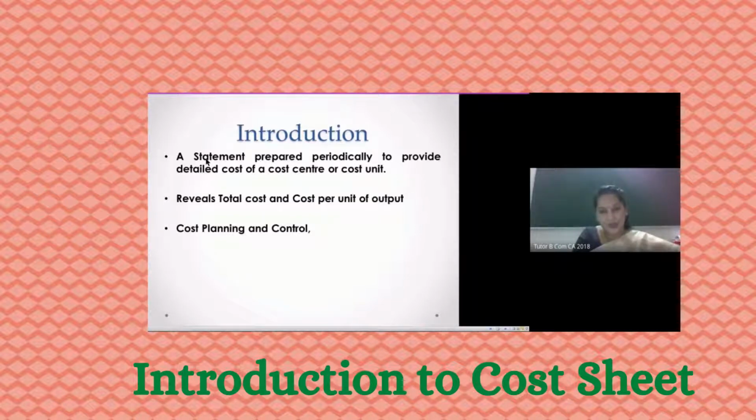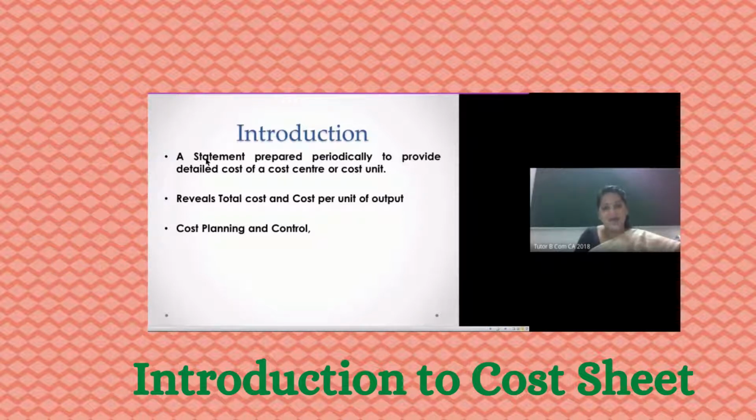Now, the next question you might want to ask is, what are the components of a cost sheet? We have discussed the purpose and the use. If it is a manufacturing concern, a cost sheet will be a summary of material cost, labor cost, and other overhead indirect expenses incurred by the firm, categorized under different heads.